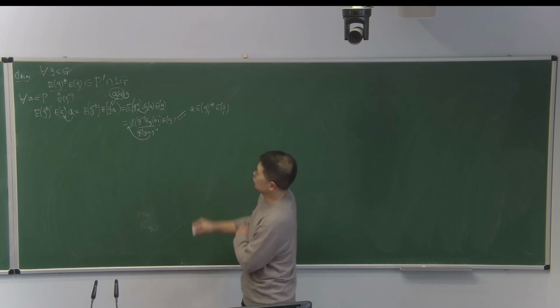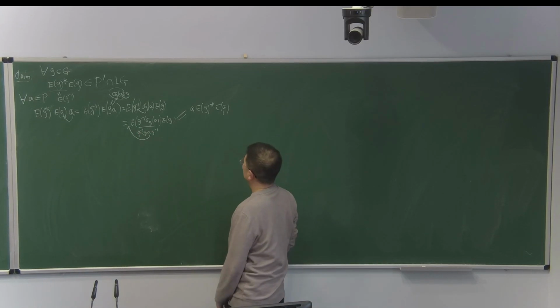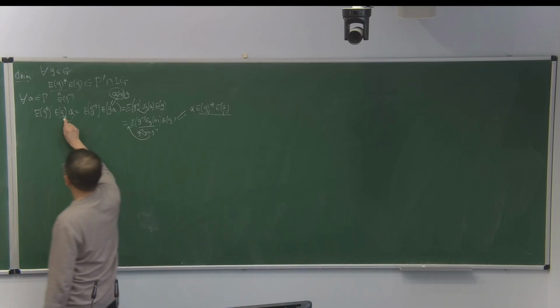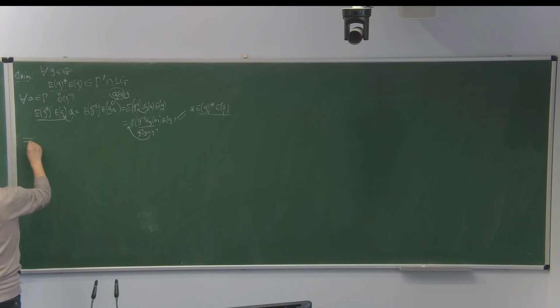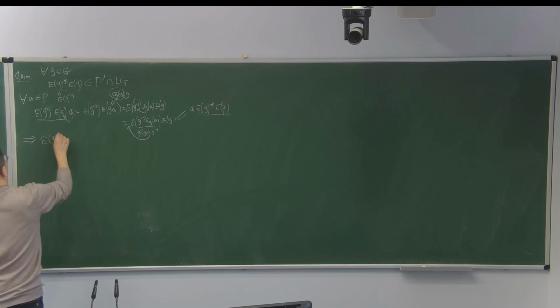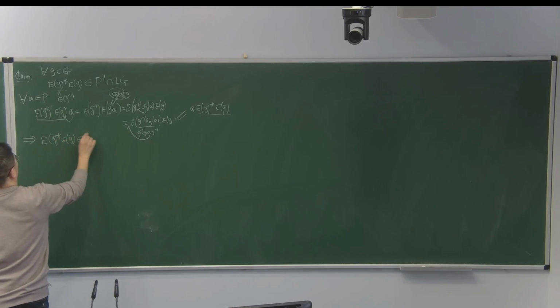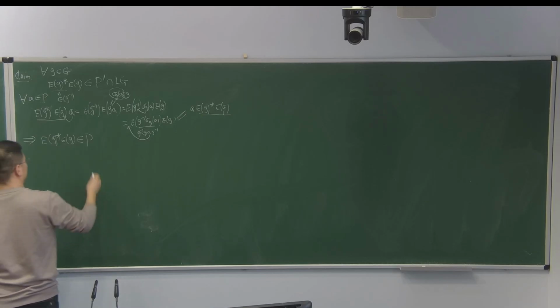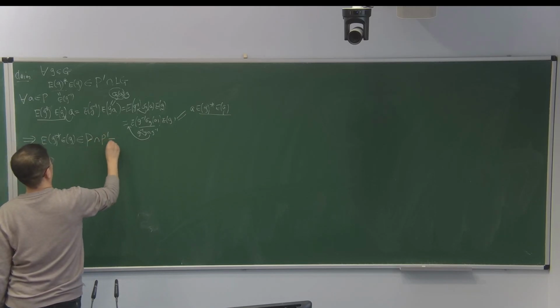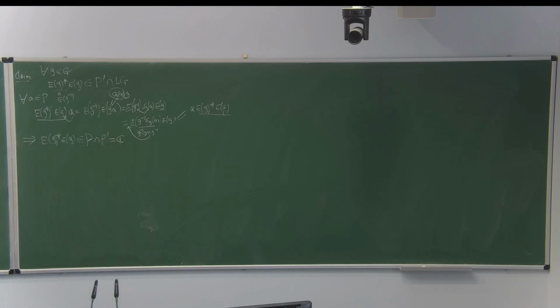Because P lies in P, you can move outside this G. So it commutes with any element in P. But now, since E is a conditional expectation onto P, this element also lies in P, because P is an algebra, so it's closed. But P is a subfactor, so this means it's in the trivial center.